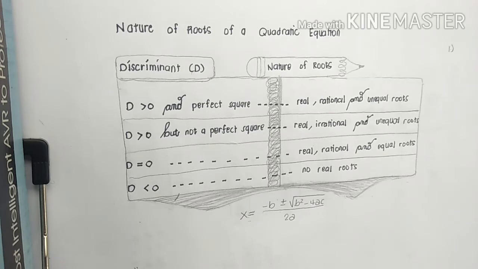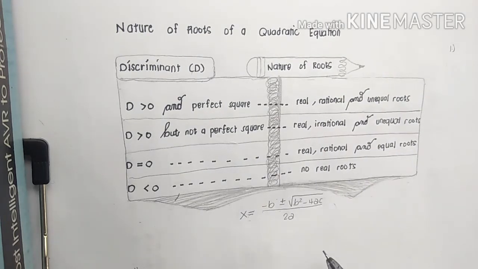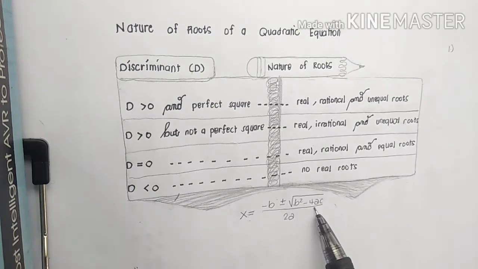In getting the discriminant, all we need to do is to look at our quadratic formula. What is inside the radical sign? That's b squared minus 4ac.